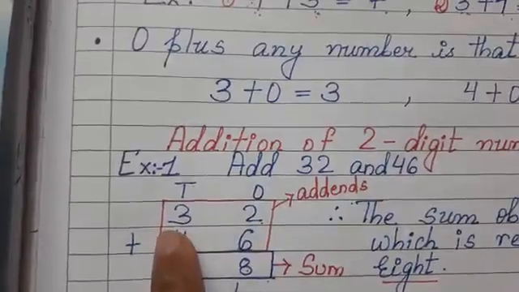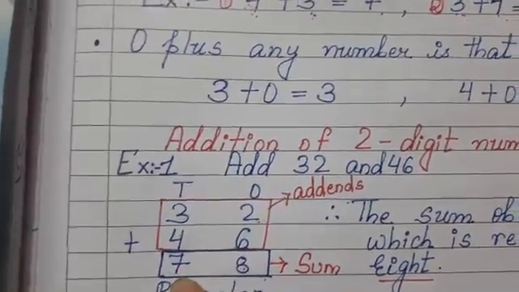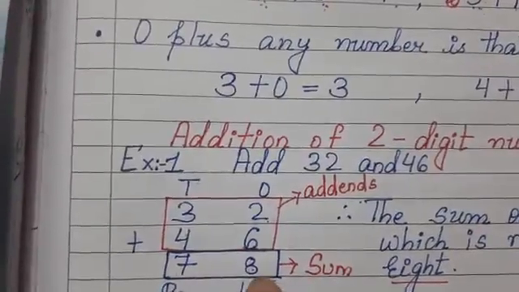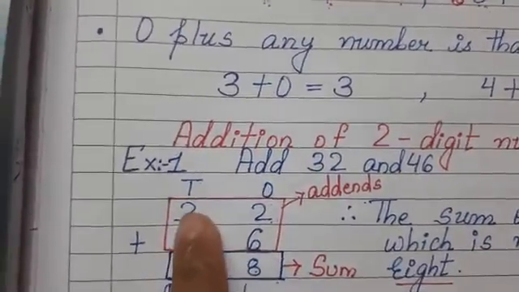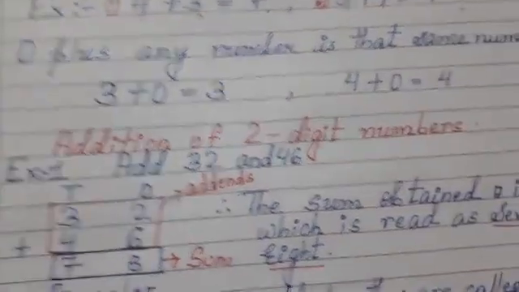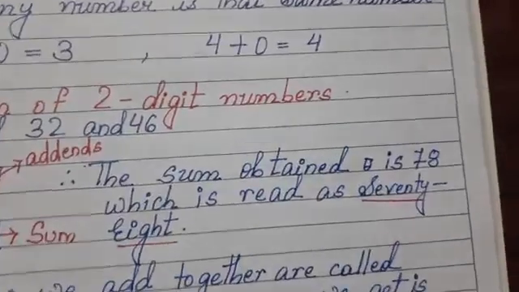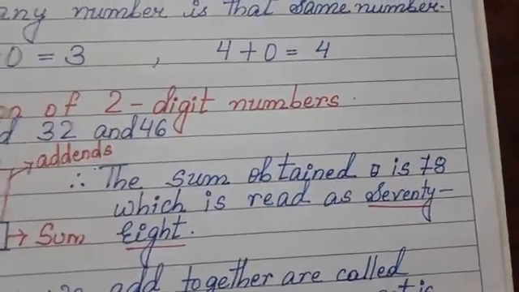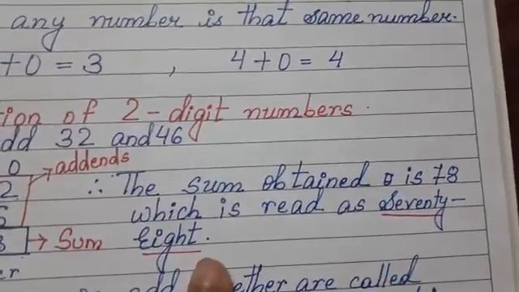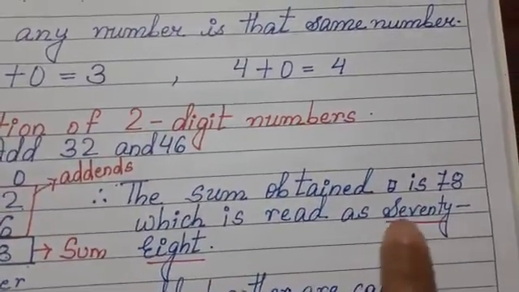Suppose we have added 32 and 46, we have got the answer 78. So 78 is the sum and 32 and 46 are addends. So what will we write? We will write the sum obtained is 78, which is read as 78 in the form of number names. So we can write this 78 in the form of number names like this.